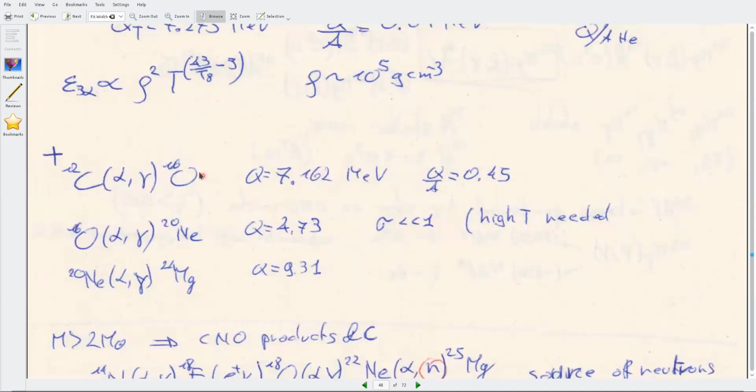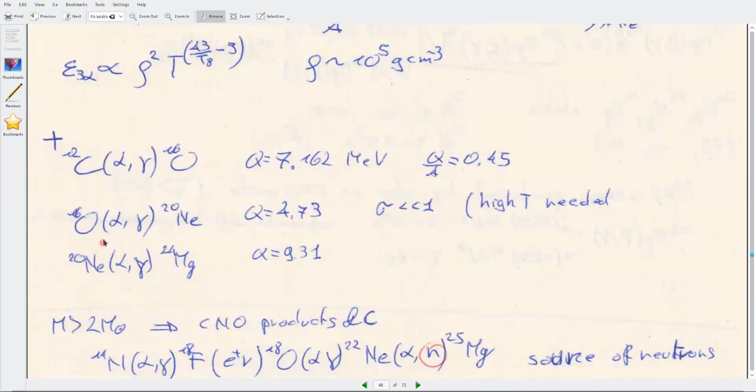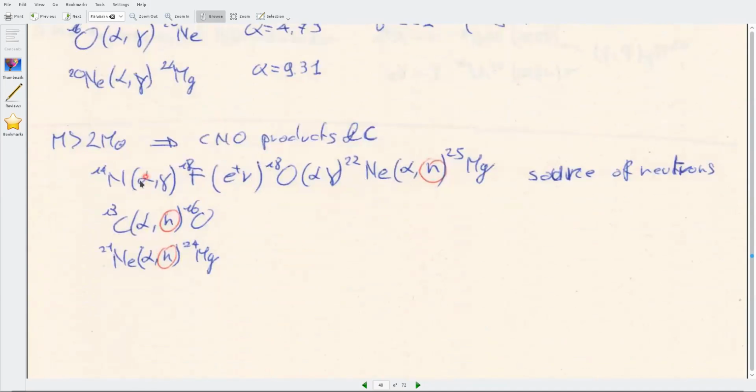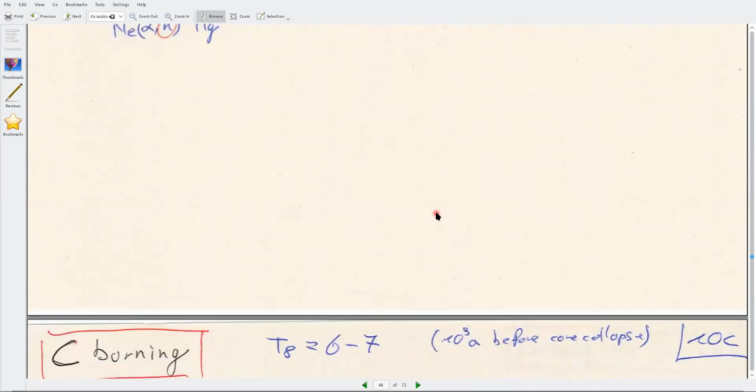Then you can produce some burning of helium also with carbon, oxygen, neon, and magnesium, with less production of energy, you see, less. And if you have enough natural CNO, you can have this other reaction that produces many neutrons, which is useful for other processes.